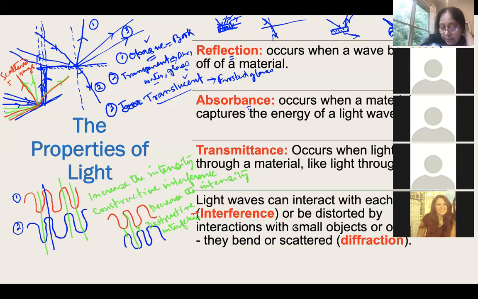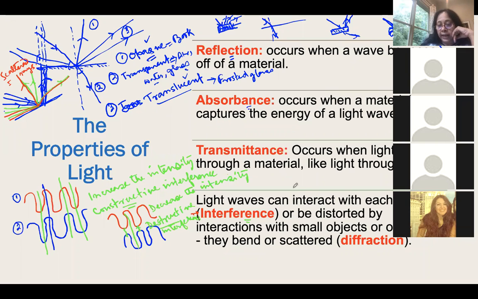So basically, light waves can interact with each other, and this happens only when the light is scattered, and that is called interference. There are two different types of interference: one is constructive interference and the other is destructive interference.